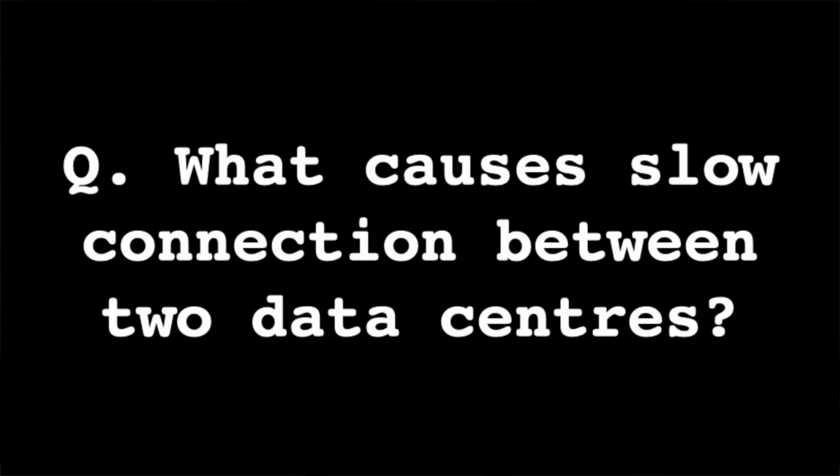Let's move on to the next question. What causes slow connection between two data centers? I think, guys, this is a network related question, and for me to answer these kind of questions it will be difficult, but I'll try my best. Most of the time it's the amount of data that is being transferred onto the network that causes the slowness between the data centers, and also the speed of the switches, the speed of the routers, and the kind of cable that you're using, because fiber cables are faster than your normal LAN cables that you have in your offices or in your home.